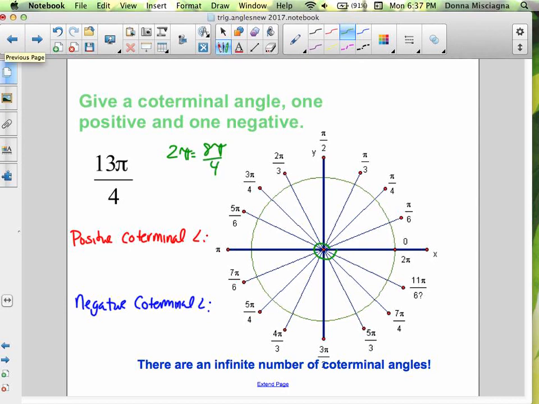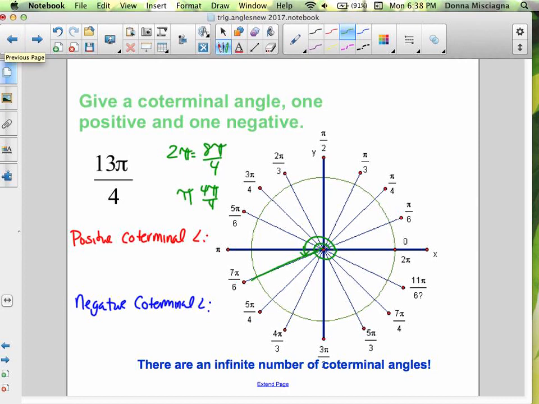I still have to go another 5. Well, 4 pi fourths, that's 1 pi, or just pi. We don't even need the 1 in front of it. So pi means I got to come all the way around to there. So far we've gone 12 pi fourths. We have to go 1 more.